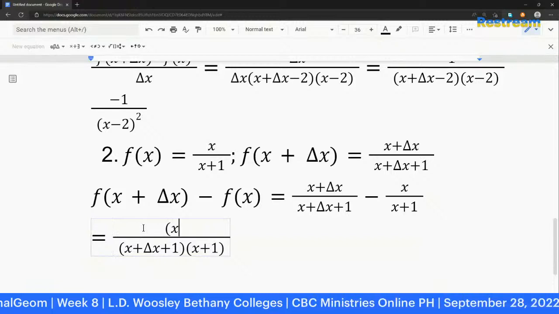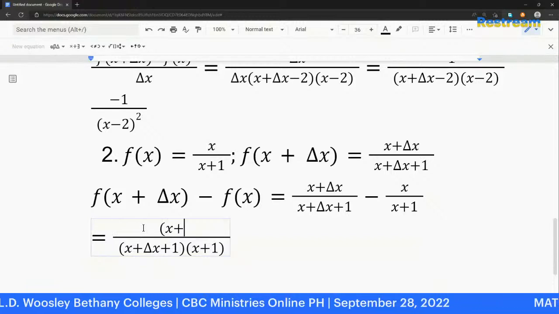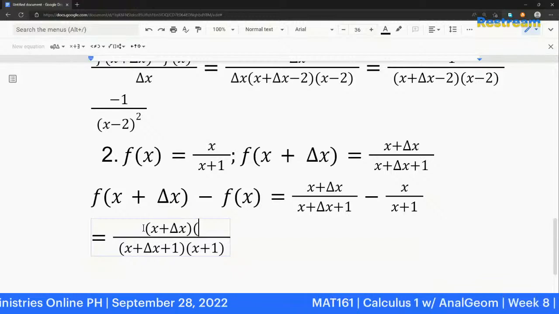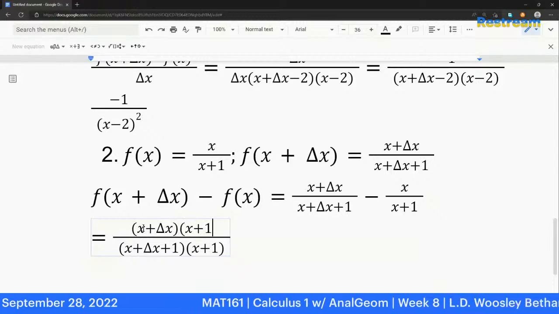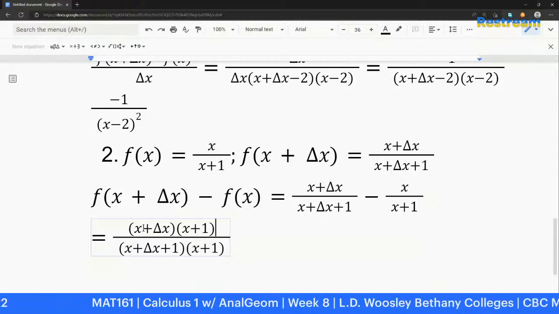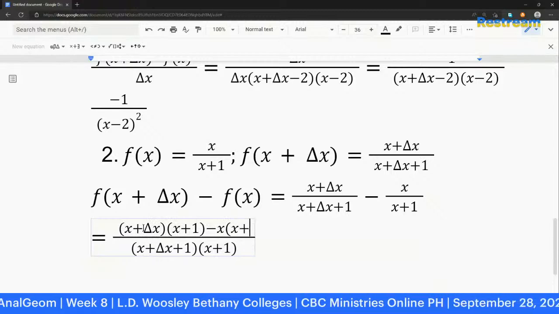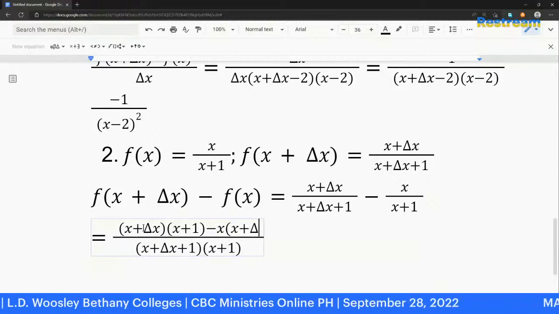So we get the product of x plus delta x times x plus 1, okay, minus x times the quantity x plus delta x.